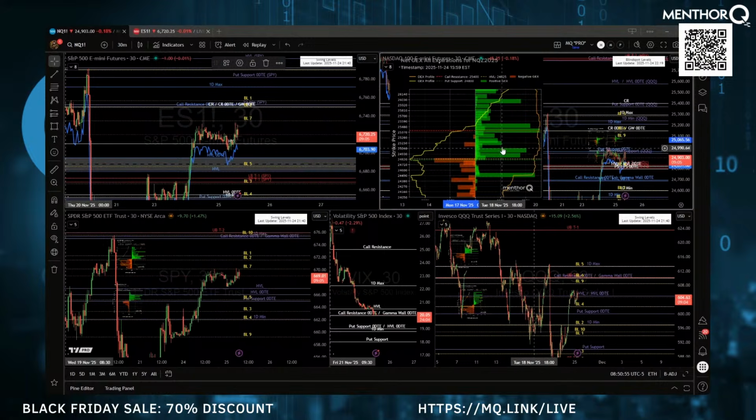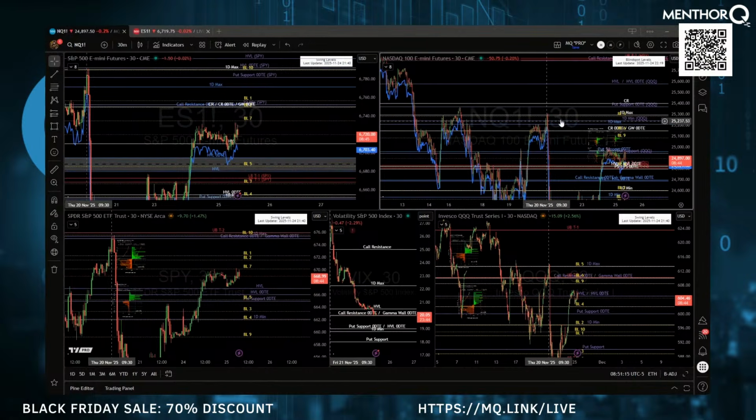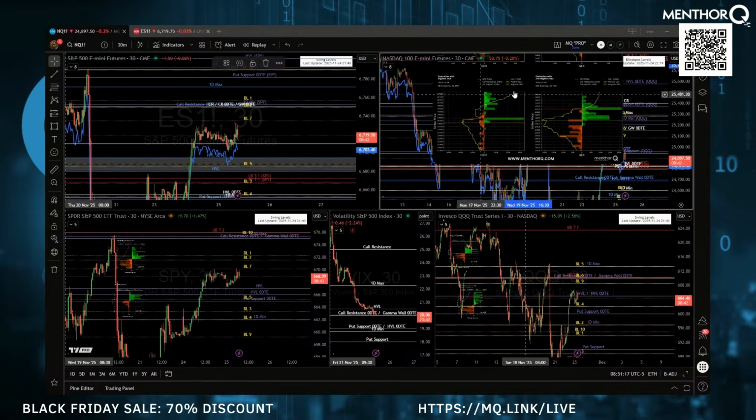Everything above is right now in positive gamma regime. Main strikes 25 plus minus, later 25,400 and 25,950, 26,000. This looks at the whole gamma exposure expiration right now for the Zulu contract.